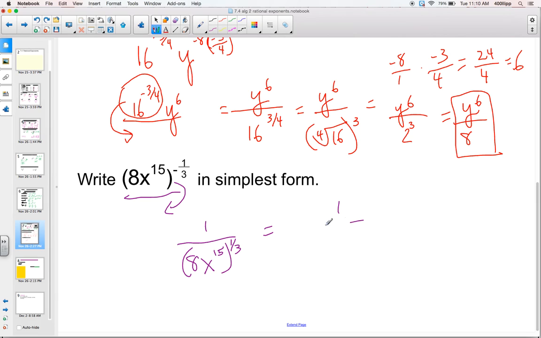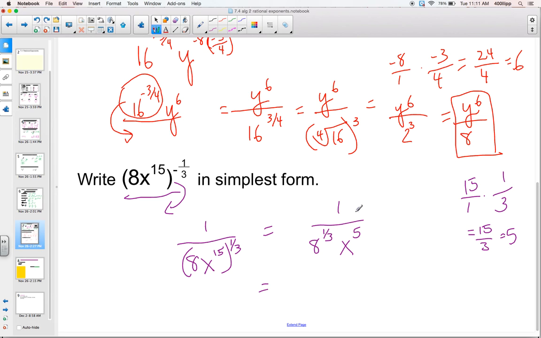Now we can bring both of them to the 1/3 power. So this will be 8 to the 1/3, and then x to the 15 times 1/3. 15 over 1 times 1/3. 15 over 3 is 5. So this is x to the 5th.